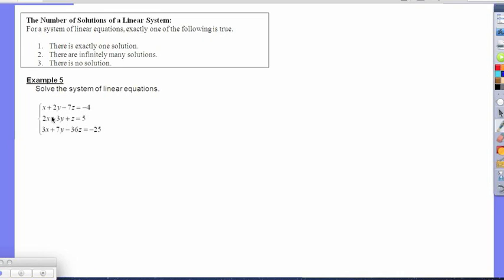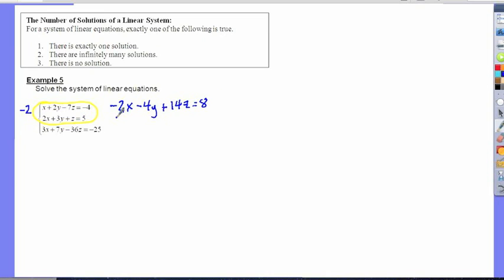Same thing as before, let's get rid of the x's just to be consistent. So let's work on the first two equations and get rid of the x's. To get rid of the x's, I need to multiply this top one by -2, so it will cancel out with the second one. So let's multiply all the way through. -2x minus 4y plus 14z equals +8.